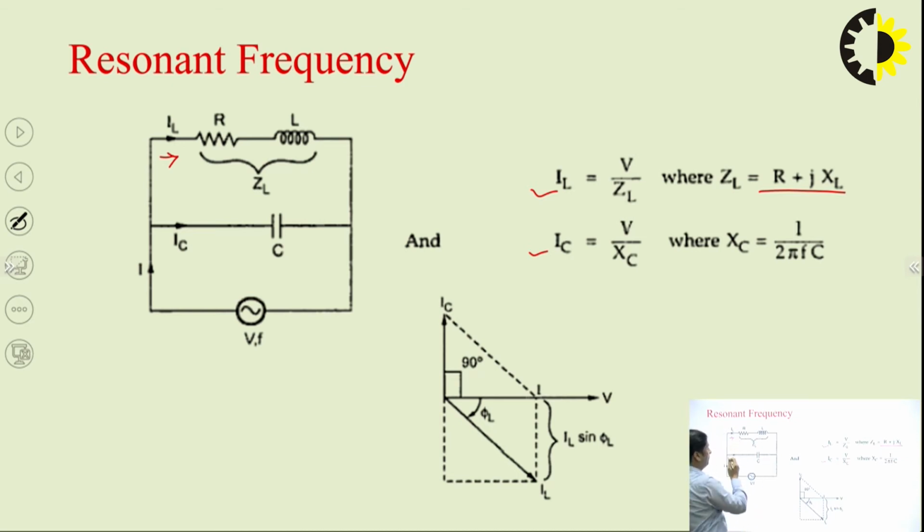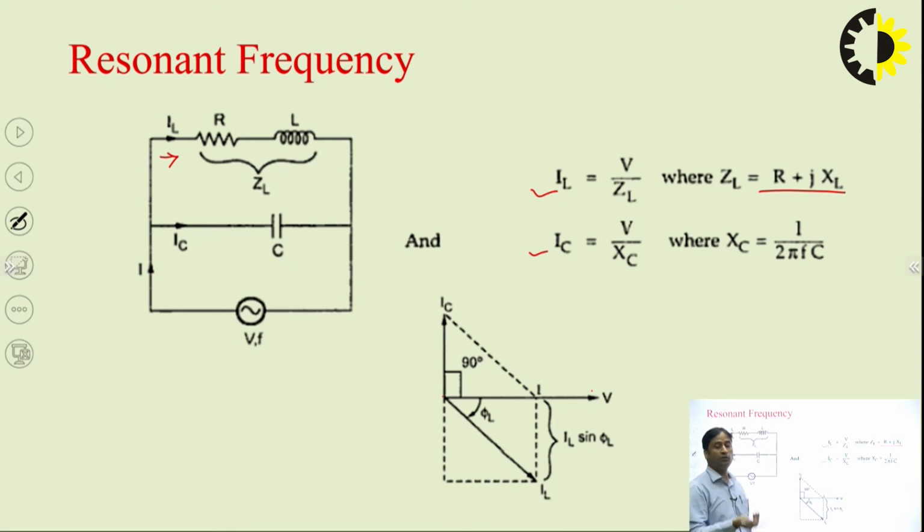Now what happens if we draw the phasor diagram of this? If we take the voltage as a reference, the current IL flowing in the inductive circuit always lags the voltage by some angle depending on the value of R and L. Suppose this is the angle phi L. So this is V, and this is IL, which is lagging behind the voltage by the angle phi L. Now IC is the capacitor current, which is leading.